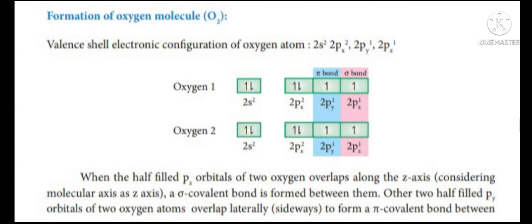Oxygen has atomic number 8. Hence, the electronic configuration of oxygen is 1s2, 2s2, 2px2, 2py1, 2pz1. The valence electronic configuration of oxygen is 2s2, 2px2, 2py1, 2pz1.